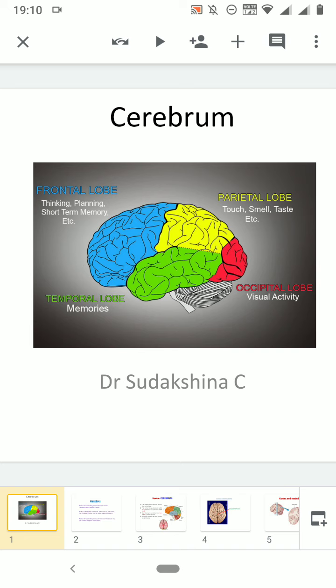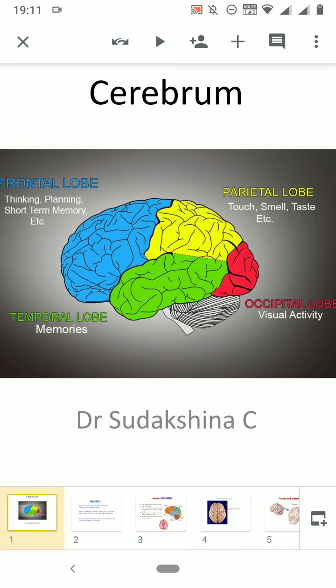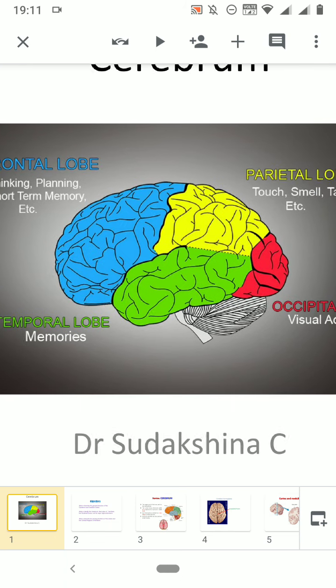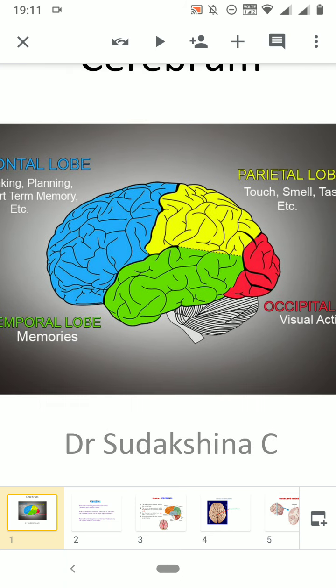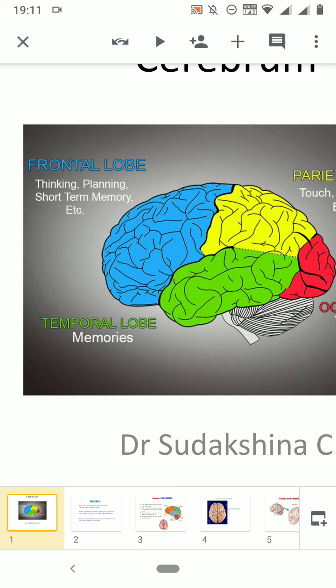I have shown you in my first slide itself the four lobes of the cerebrum, and you can see here I have labeled the four lobes: the frontal lobe, the temporal lobe, the parietal lobe, and the occipital lobe. The most important functions of these lobes: the frontal lobe is more about planning, judgment, thinking, memory, whereas the temporal lobe is associated with memories, hearing, smell.